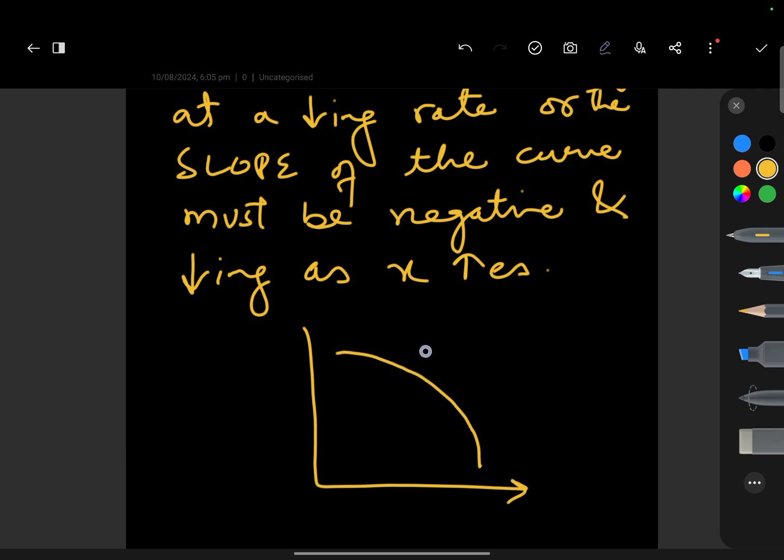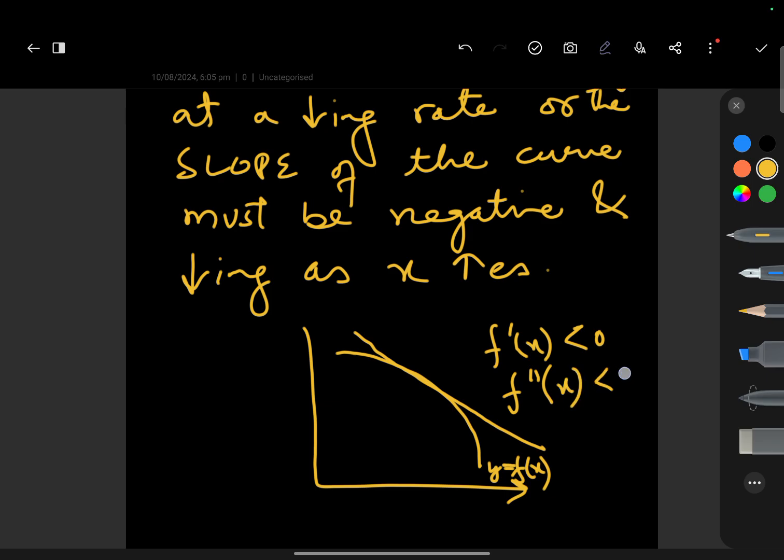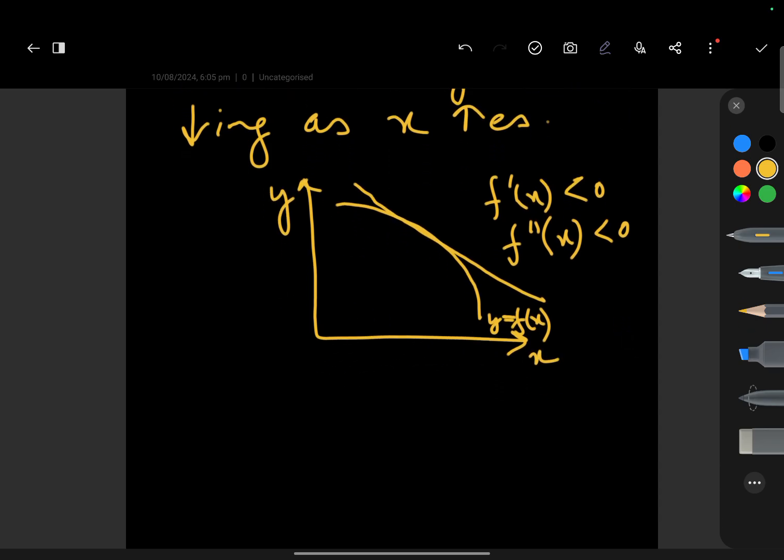It is concave downwards and convex upwards. This is our function. So its first derivative is less than 0 and second derivative is also less than 0. So this curve, with negative slope, is concave downwards and convex upwards.